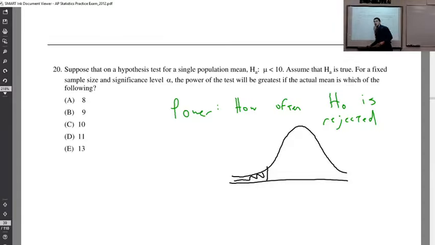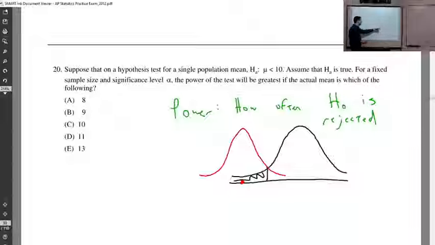But then I get told from on high, actually the mean is 8. And so I say, oh, the mean is 8. Well, 8 is over here. So the distribution is actually looking like this. So here's where I'm pulling my samples from. And so the proportion of tests that get rejected there is this proportion.